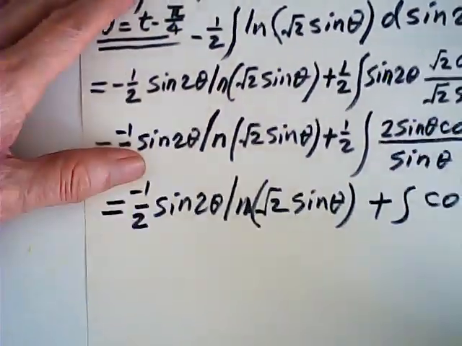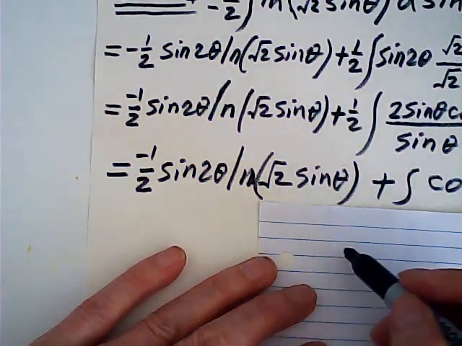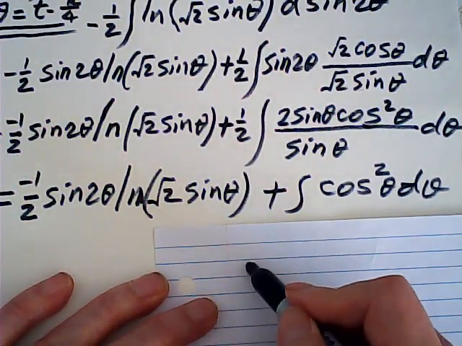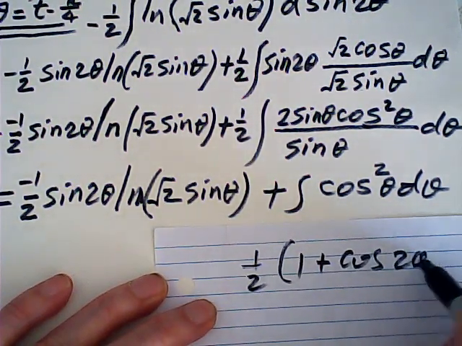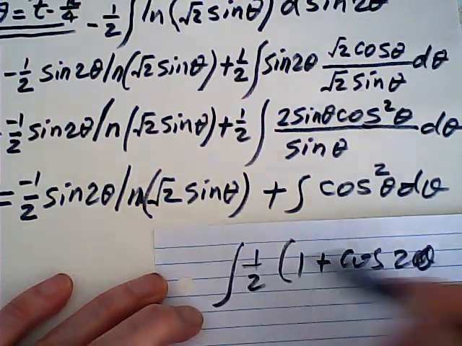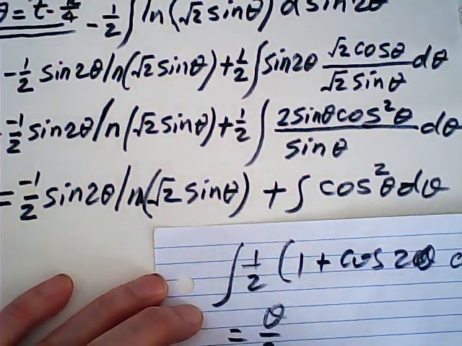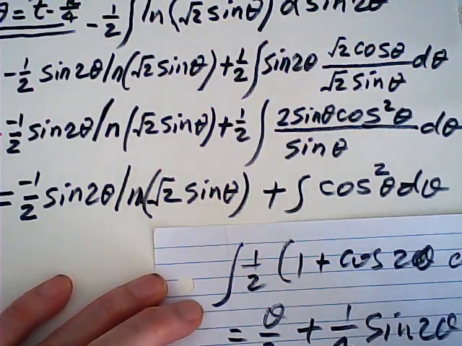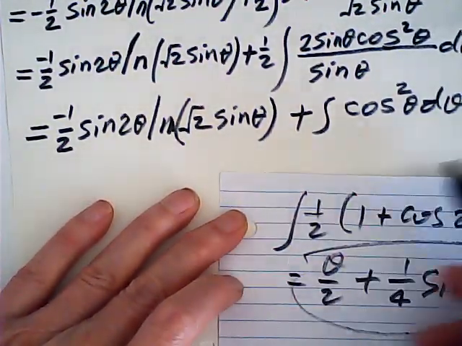So the integral is almost finished. Now this integral is rather easy. Cosine square is equal to 1/2 (1 plus cosine 2 theta), right? So that integral is easy. It is equal to 1/2 theta plus 1/4 sine 2 theta, right? So that is this integral.